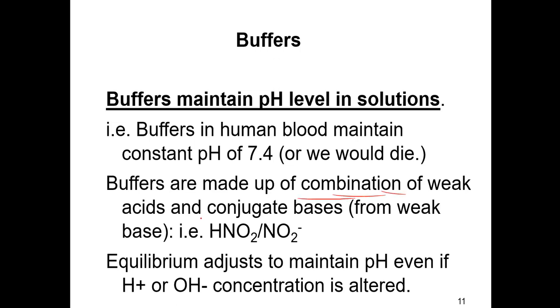Again, buffers are made up of a combination of the same conjugate pairs. NO2, NO2 minus. By the way, another way of writing the NO2 minus is with the counter ion sodium, so sodium nitrite.